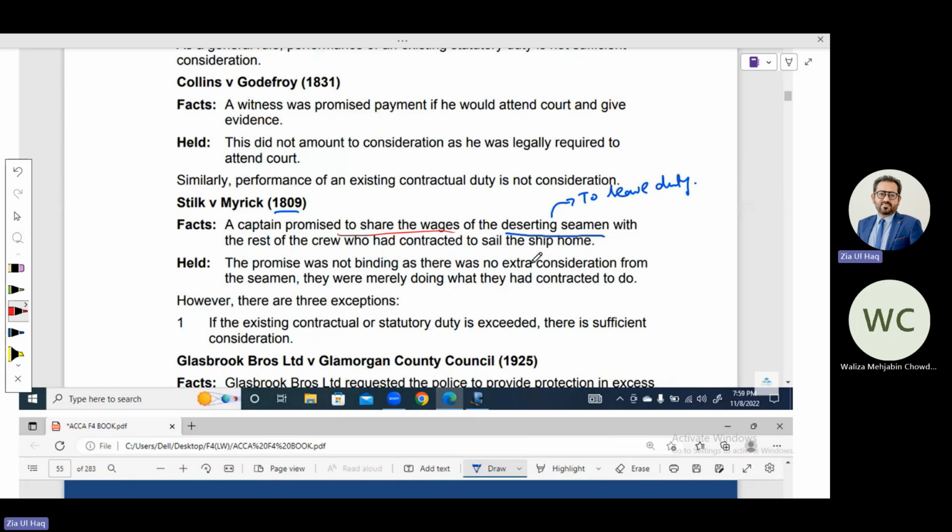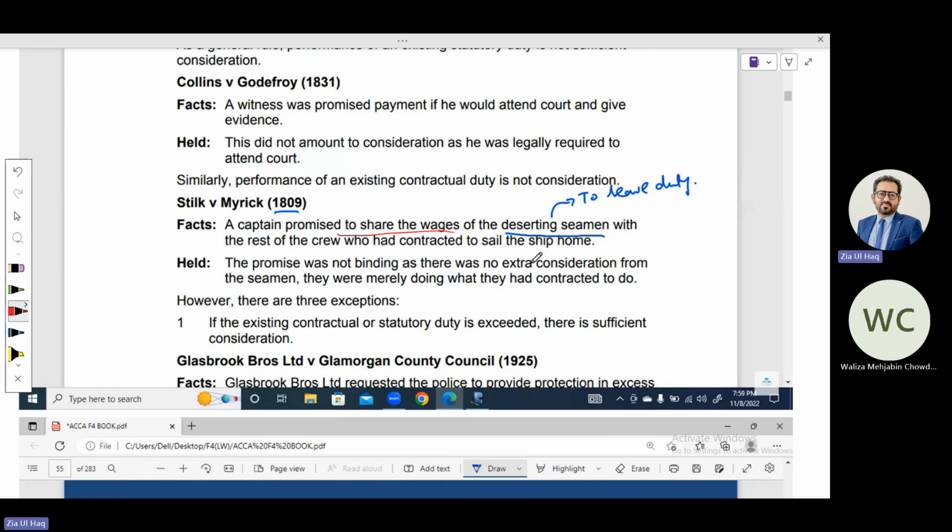Upon reaching the final destination, they claimed the wage share from the captain, and the captain denied. Why? Helping the captain move the ship to the final destination was not an additional consideration because it was their legal duty, their contractual duty, to help the captain move the ship to the final destination.